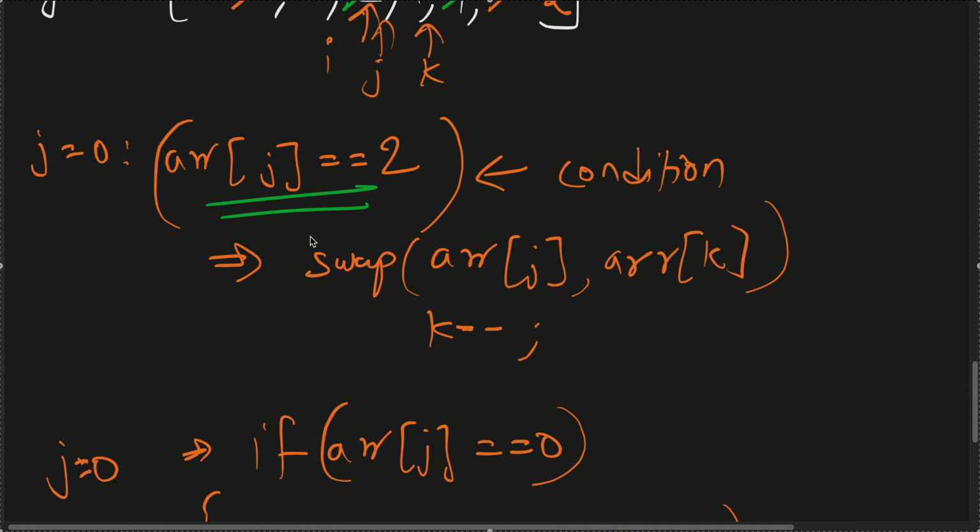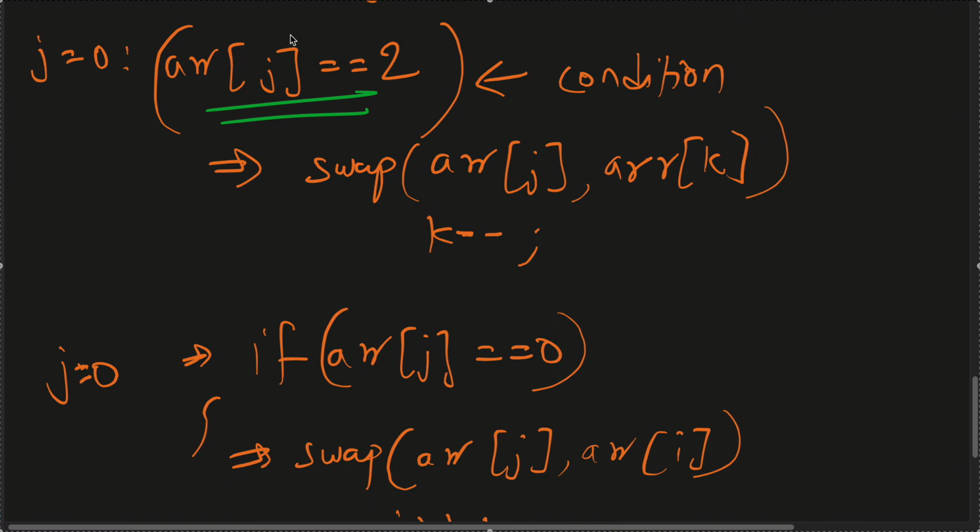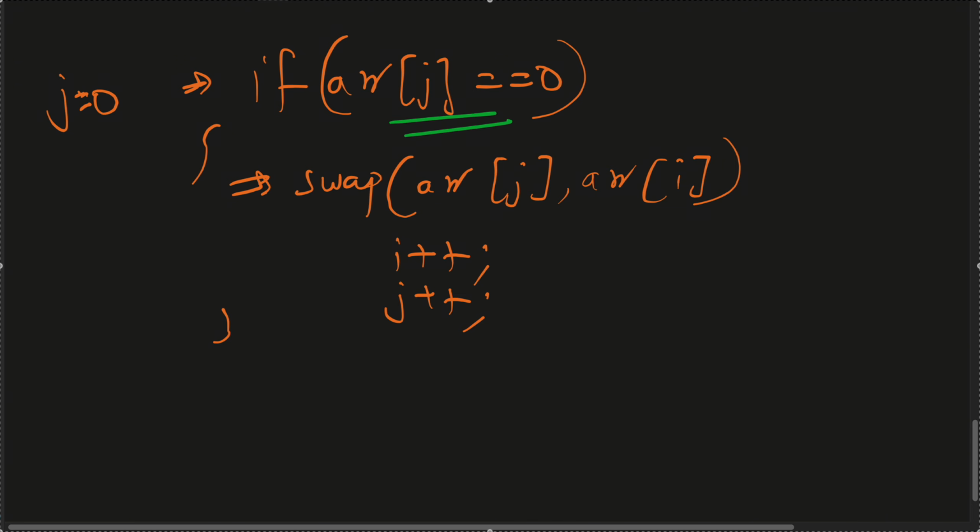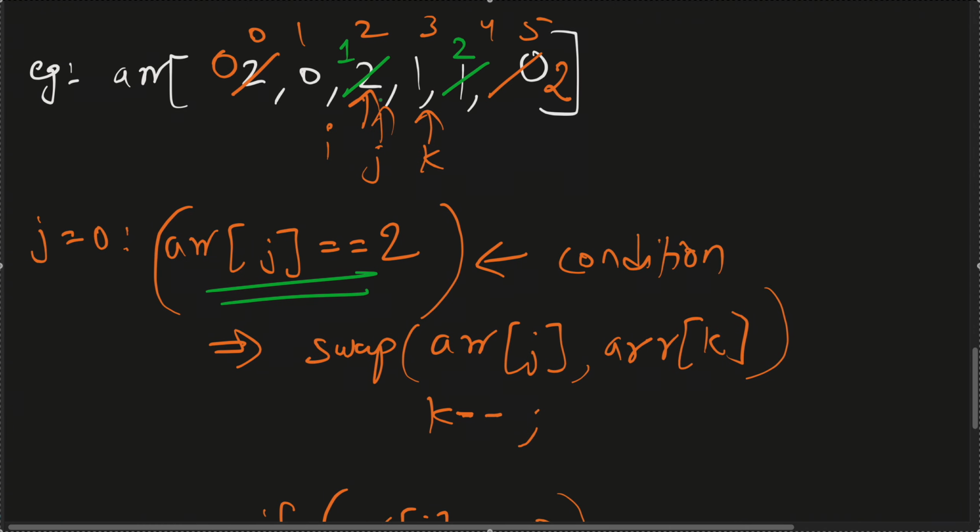So we have seen what we'll do when array of j is 2, and what we'll do when array of j is 0. Now we will see what we'll do when array of j becomes 1, because this is the first time it has become 1.